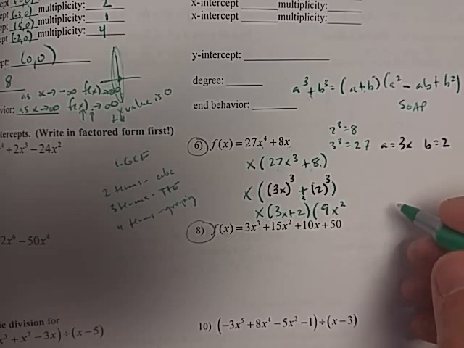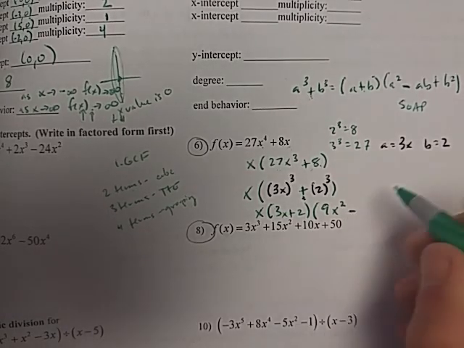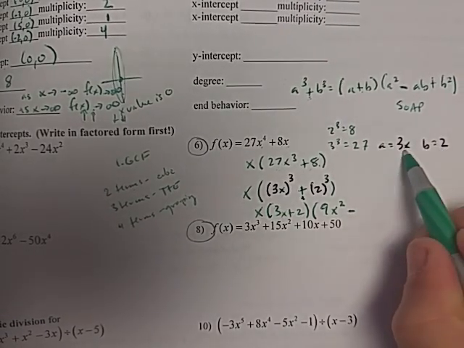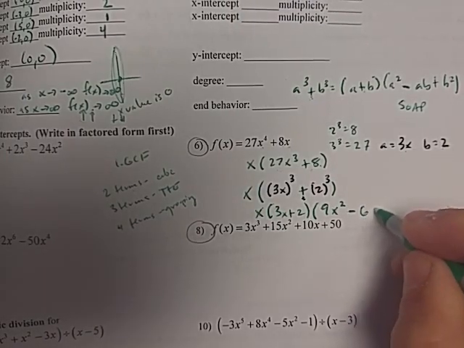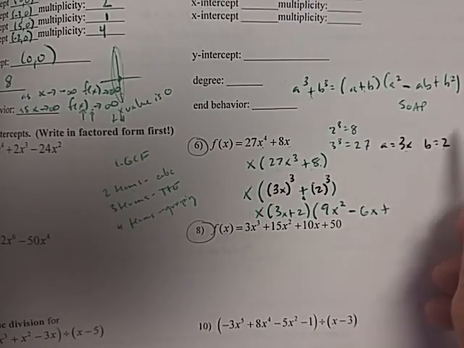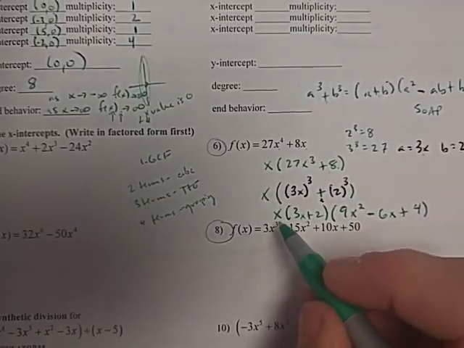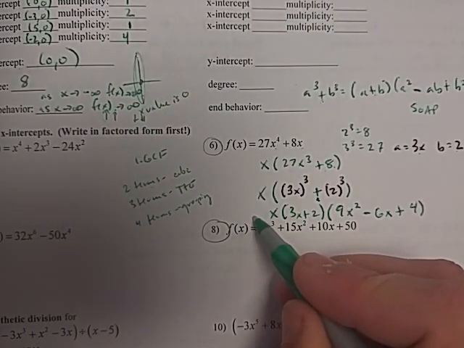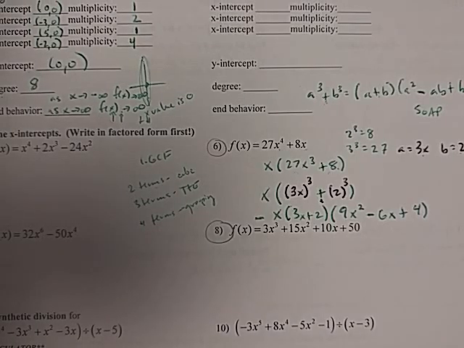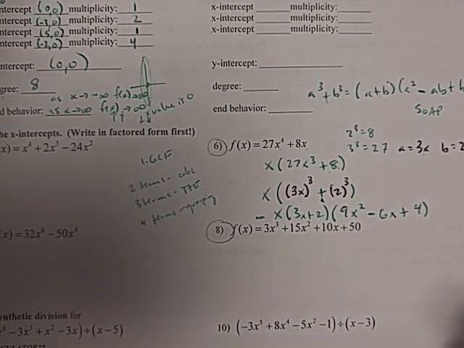And then minus a times b is going to be 6x. And then b squared, 2 squared, is 4. So this is the factorization, and now I want to find my x-intercepts.